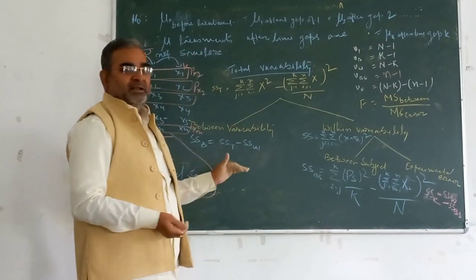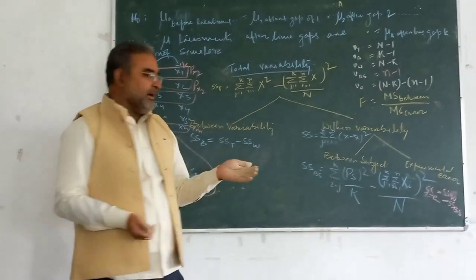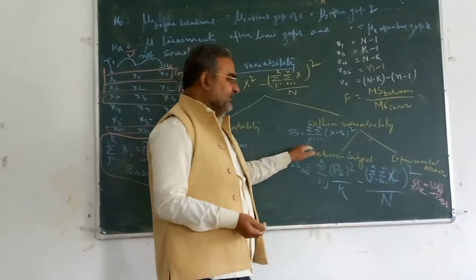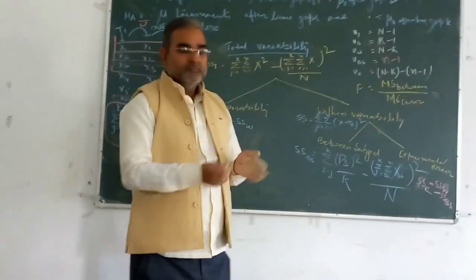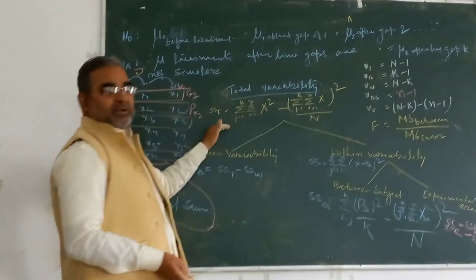And here the total variability is divided into between variability and within variability. Again, the within variability in the repeated measure ANOVA is divided into between subjects and experimental error.